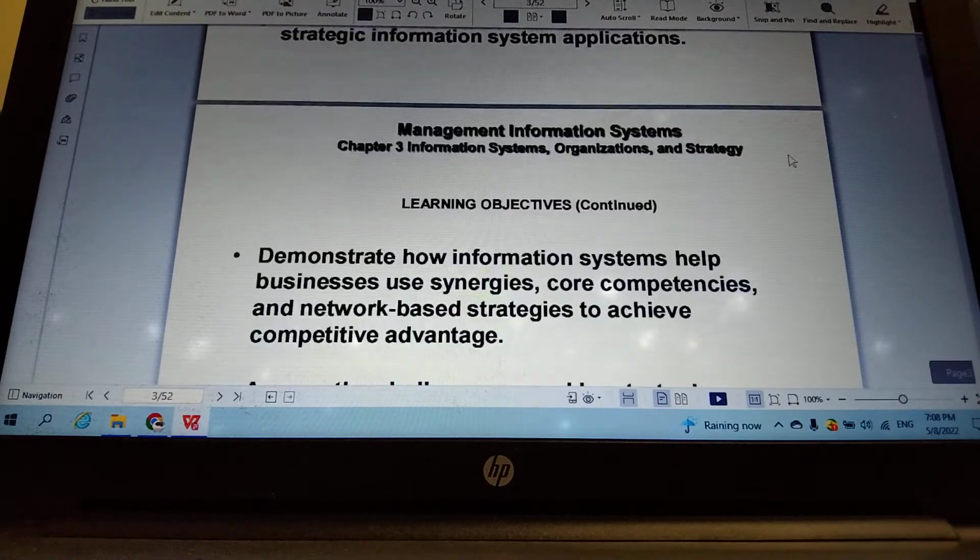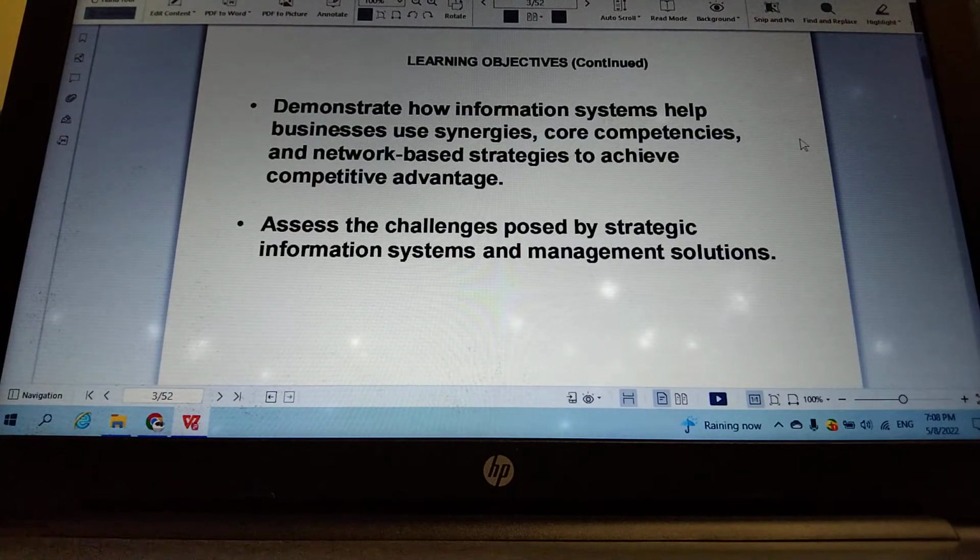Then we're going to continue with two more learning objectives for this chapter. Demonstrate how information system helps businesses use synergies, core competencies, and network-based strategies to achieve competitive advantage.